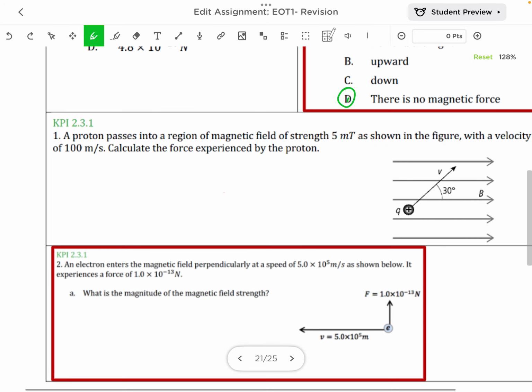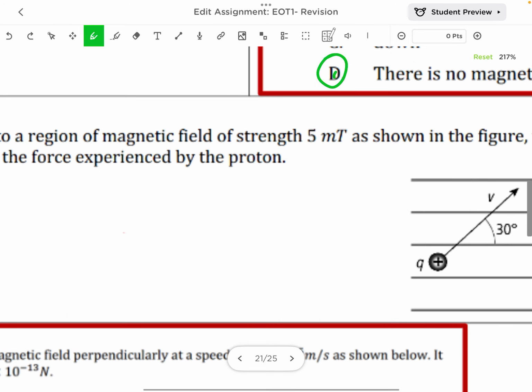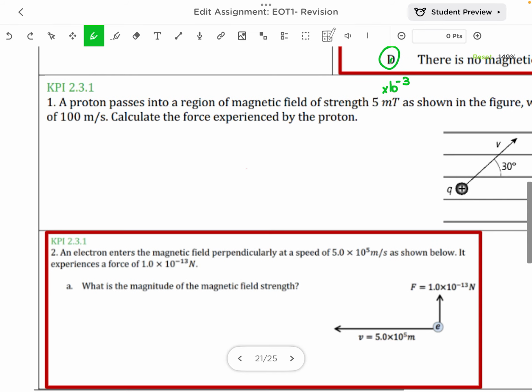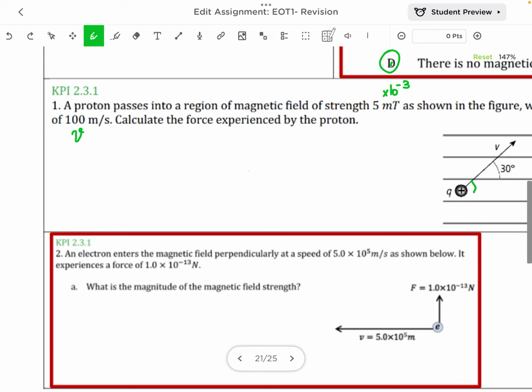However, you have a proton that passes into a region of magnetic field of strength 5 millitesla, meaning 10 to the power of negative 3, as shown in the figure, with a velocity of 100 meters per second. Calculate the force experienced by the proton given that it is making an angle of 30. So F equals Q V B sine of the angle.